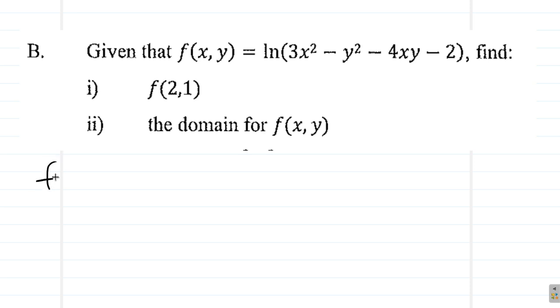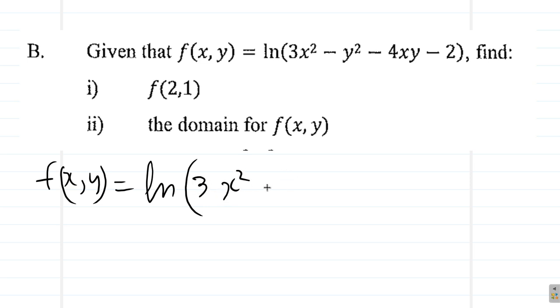Remember, we have f(x, y) being equal to ln(3x² − y² − 4xy − 2). Now 2 will be substituted for x. So wherever x is, remove it and put 2.